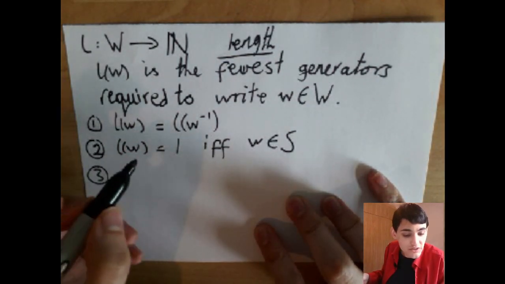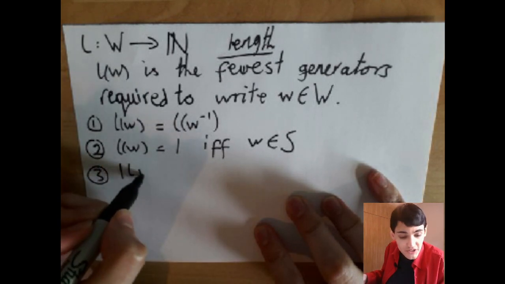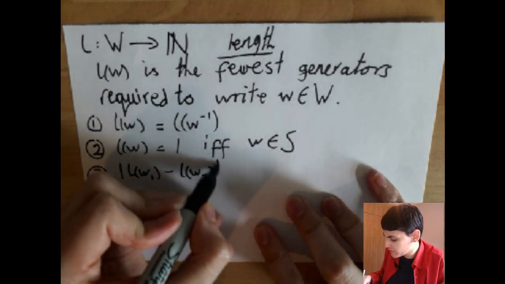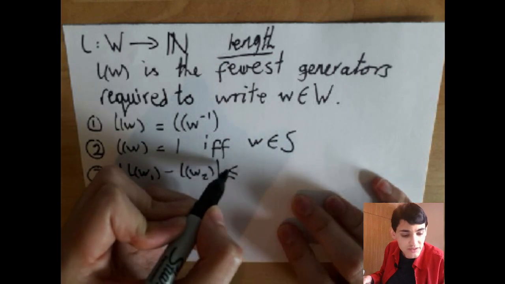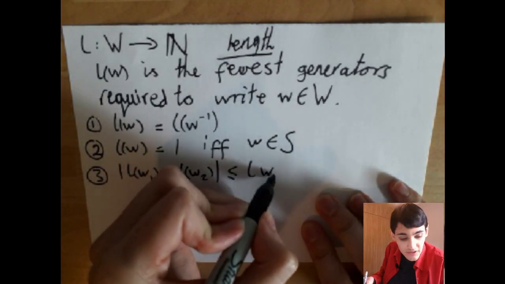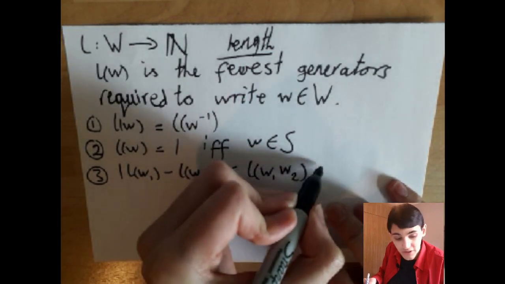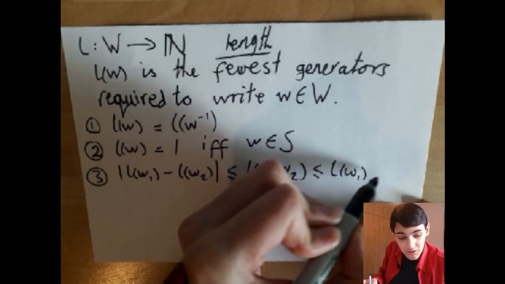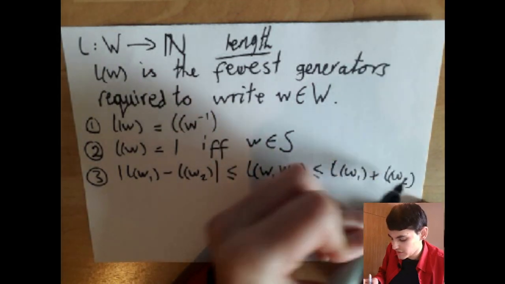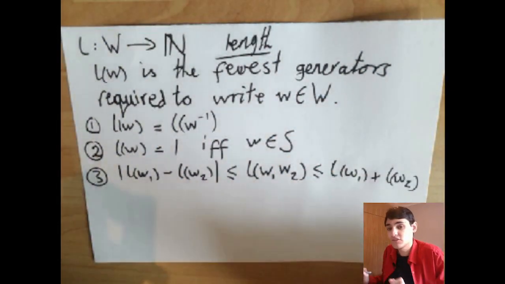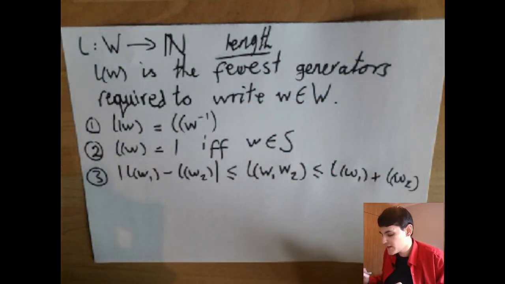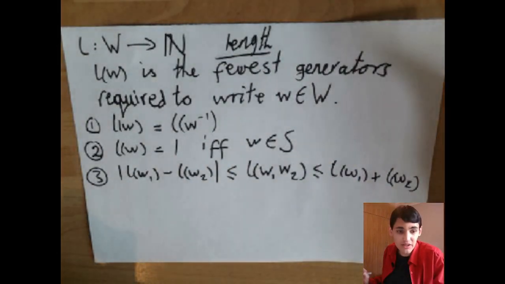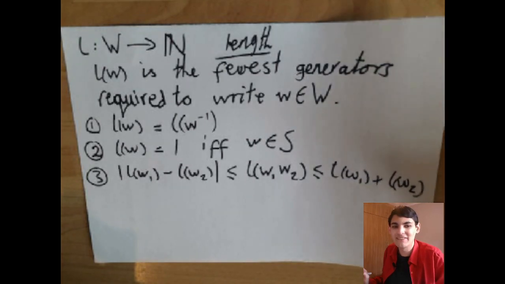Three, the modulus of the length of W1 minus the length of W2 is less than or equal to the length of W1 times W2, and that is less than or equal to the length of W1 plus the length of W2, where W1 and W2 are elements in our Coxeter group. It looks a bit confusing, but don't worry about it too much.